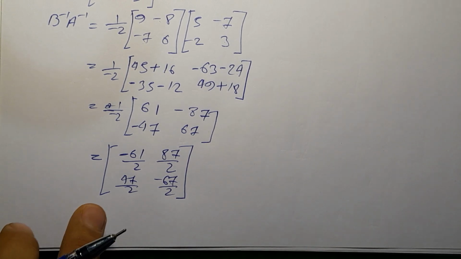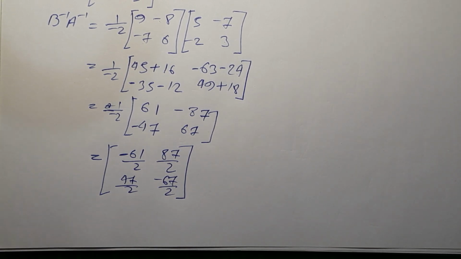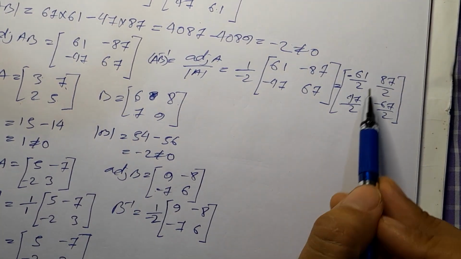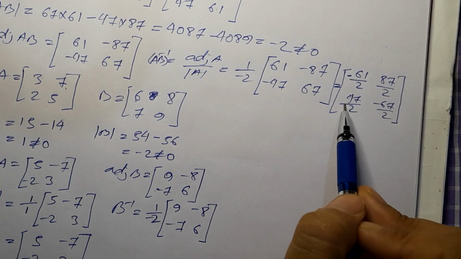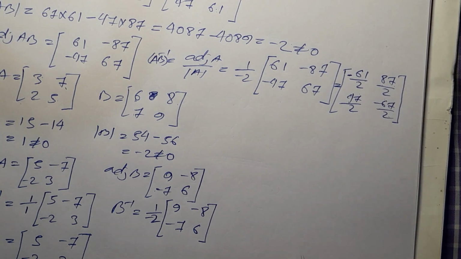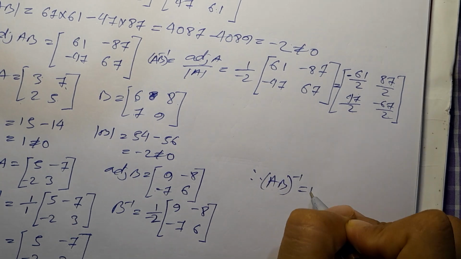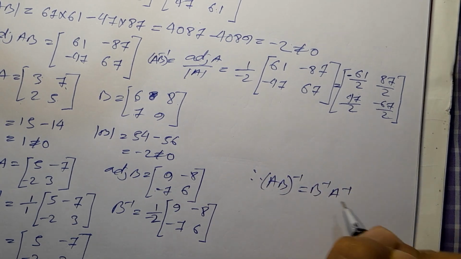This is the result of inverse of B into inverse of A. So we got the AB whole inverse, the same as that. It's equal, therefore AB whole inverse is equal to B inverse into A inverse.